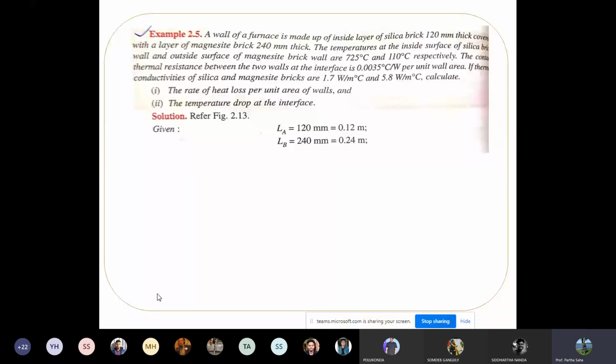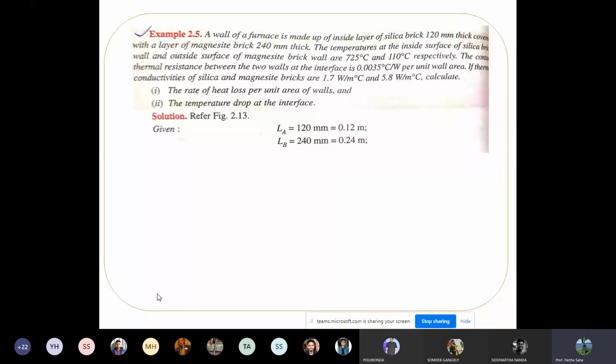A wall of a furnace is made up of an inside layer of silica brick, 120 mm thick, covered with a layer of magnesite brick, 240 mm thick. The temperatures at the inside surface of the silica brick wall and the outside surface of the magnesite brick wall are 725 and 110 degrees C respectively.